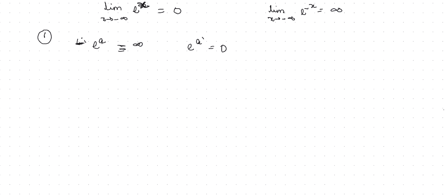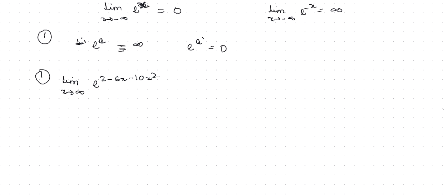So the first question is, limit x tends to infinity of e^(2 - 6x - 10x^2). Here the exponent goes to minus infinity in the limit.